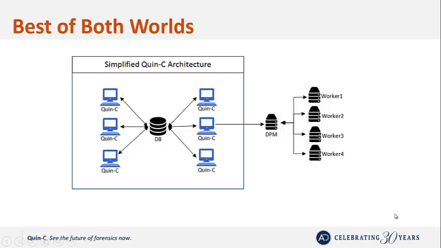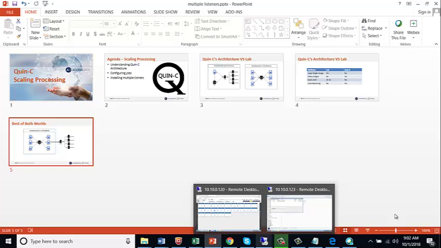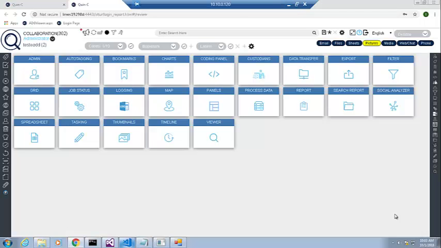Quincy can easily communicate with lab and with their DPE processing structure. So if you wanted to set up one Quincy that had the ability to process that 100 terabyte image, you can go ahead and do that. That's not particularly tricky. So let's go in now and see how this actually works in the tool and try to set up a multi-listener environment.